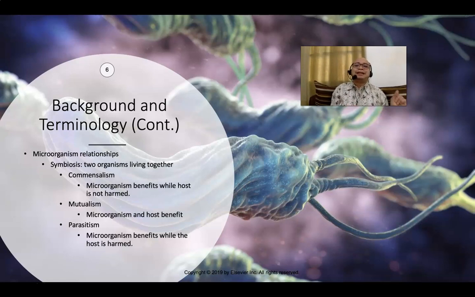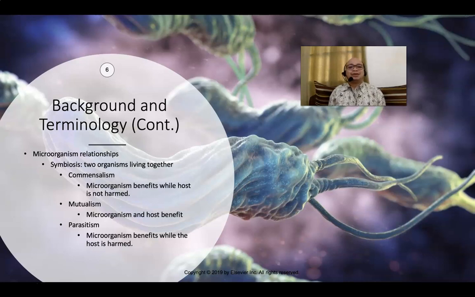This symbiotic relationship may be classified as commensalism. Microorganisms may act as commensals, which means they benefit from us as hosts, but we are not harmed in the process. Unlike mutualism, where both the microorganisms and the host benefit.